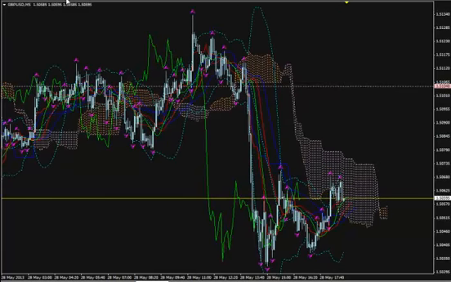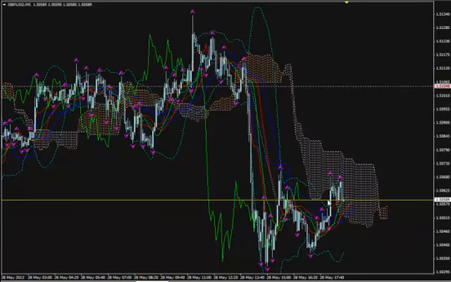On the M5 chart, the leading Alligator goes up. We have the upper Bollinger Band just turning inwards, and the lower Bollinger Band is already turned inwards.